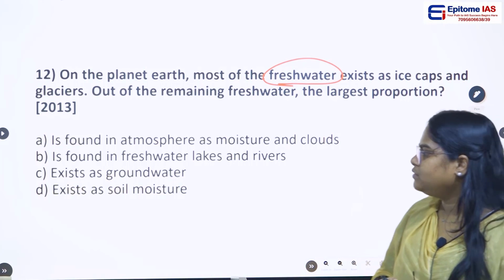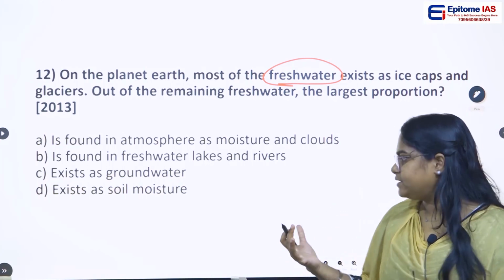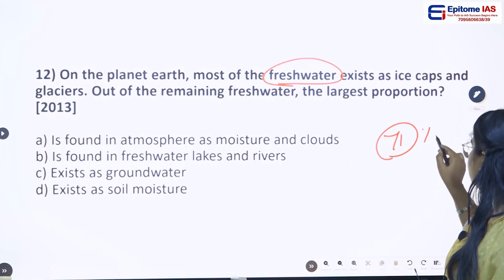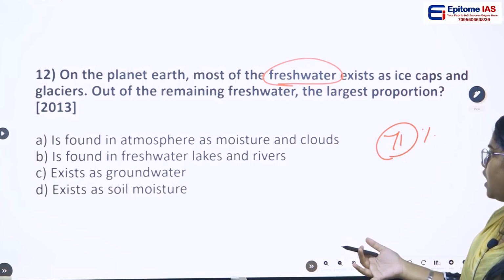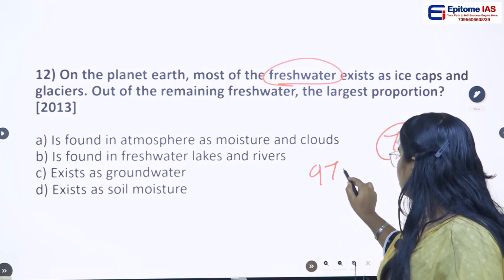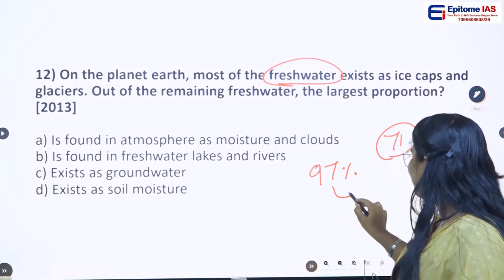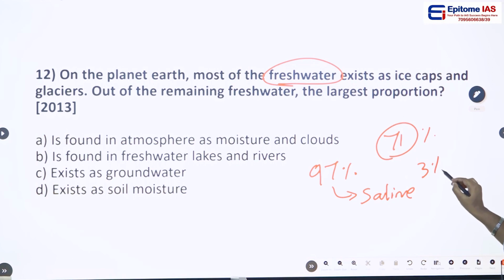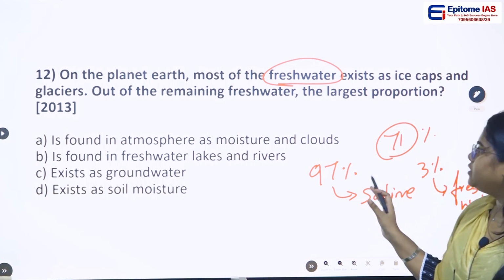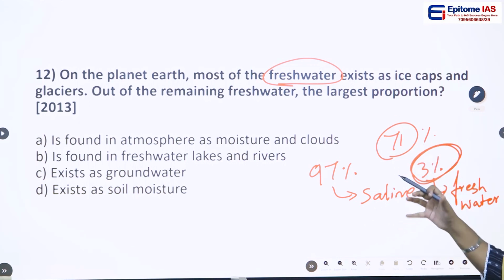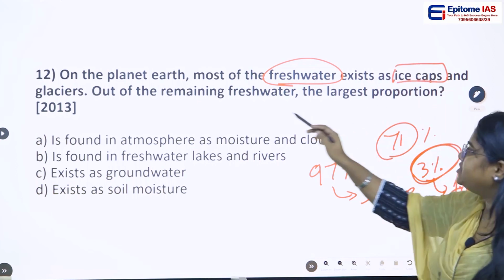So we already know we are the blue planet, right? Nearly 71% of the earth is covered with water, and of this total water, around 97% is saline water. Only 3% of this water is fresh water. So they are asking that out of this 3% fresh water, the majority is ice caps and glaciers.